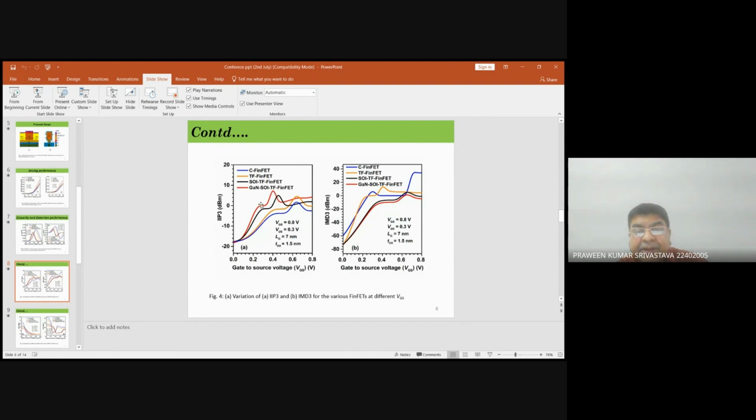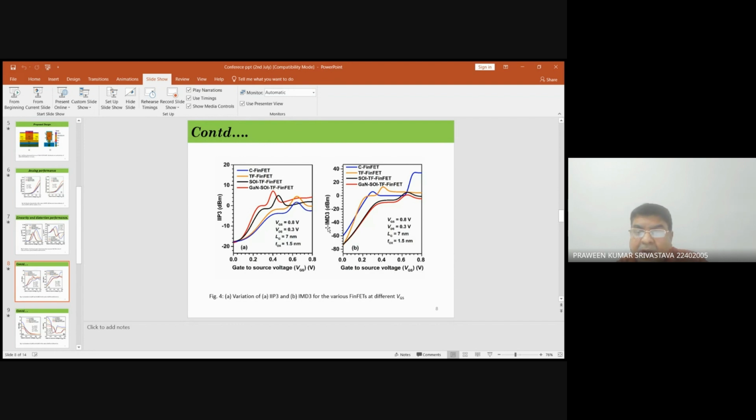As per the TCAD analysis, the IIP3 value for the gallium nitride SOI-TF-FinFET gives the maximum value. So we can say that this gives a better result for the linearity. It means the proposed device gives better linearity as compared to the other devices.